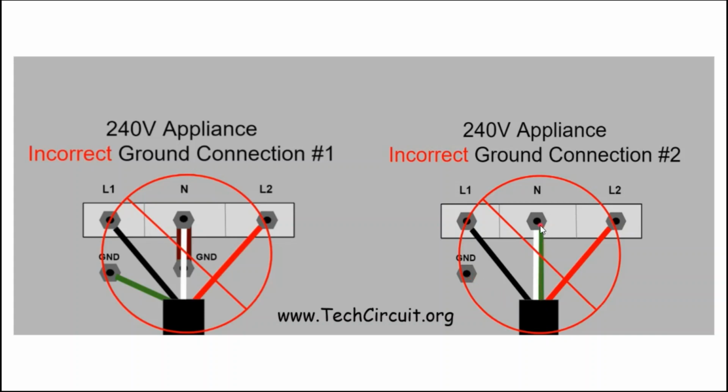You have neutral and ground also sharing a return path back to the breaker box, which again is an improper way to connect it. It's against code because ground is never designed to carry current on a regular basis. So this is another incorrectly connected power cord scenario in which the dryer would actually work, but the homeowner would not know that this is improperly connected.